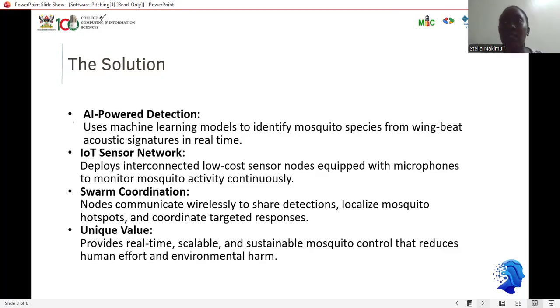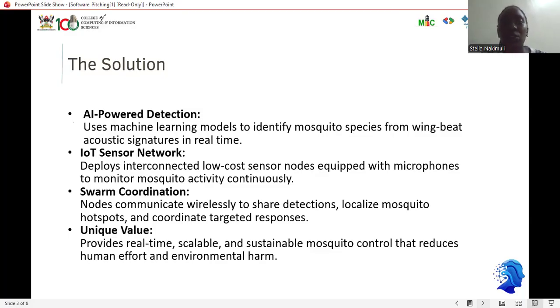These are interconnected low-cost nodes that work together to track the position of the mosquito and give feedback to the user of this system. Then we looked at swarm coordination, whereby nodes communicate wirelessly to share detections and localize the mosquito.